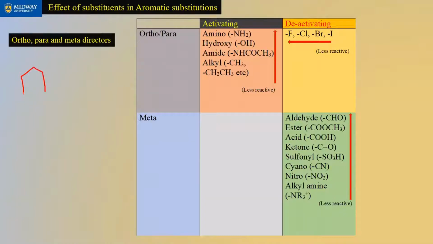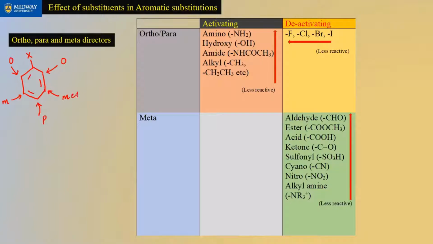So let's say this is the benzene ring, and say you have a generic substituent X. With respect to the X, these are the ortho positions, ortho as in O, and these are the meta positions with respect to the X. Ortho, meta, and with respect to the X, this is the para.